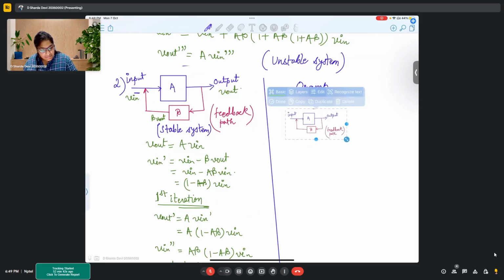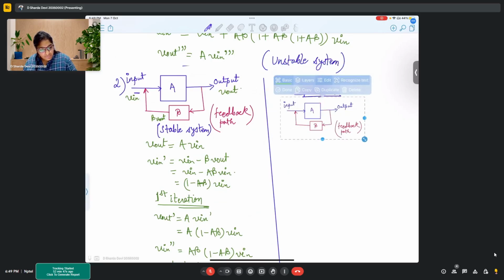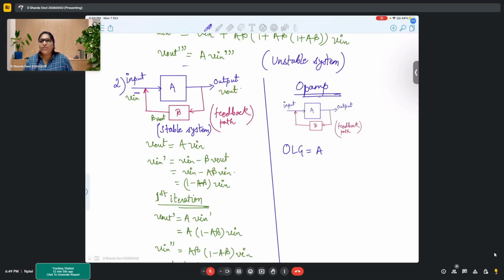So let's say you have this system where your open loop gain, we call it OLG, that is open loop gain, it is A. Like when there was no feedback, the output would have a gain of A. Now, with positive feedback, the closed loop gain, that means with feedback, becomes A/(1 − Aβ).